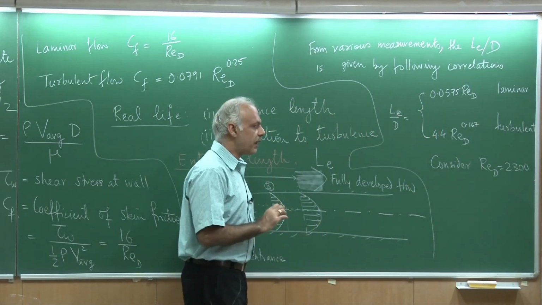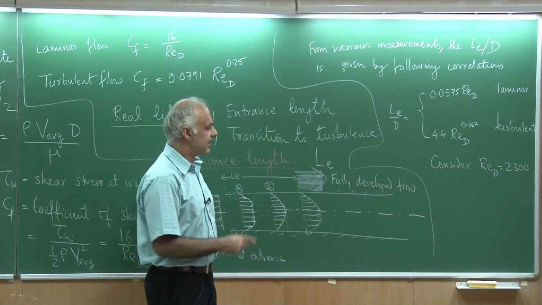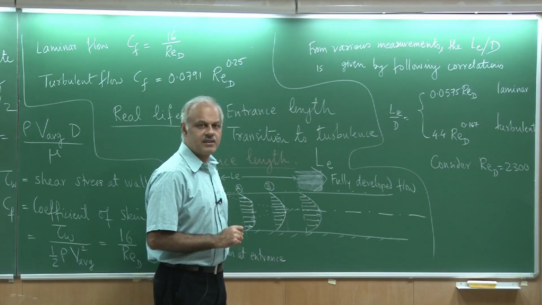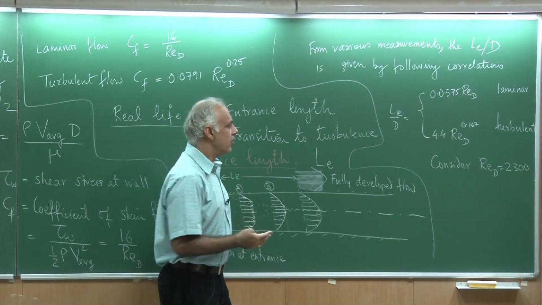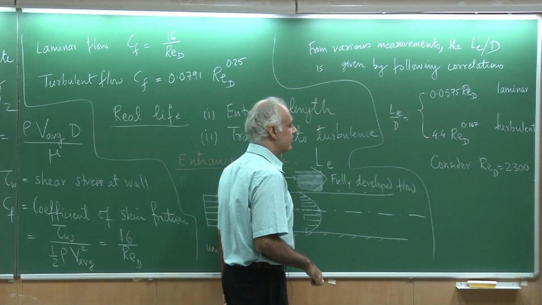I have a flow in a pipe, and based on the average speed and the diameter, the Reynolds number is 2300. The question I am asking is, what happens to the entrance length for laminar flow and what happens for turbulent flow?